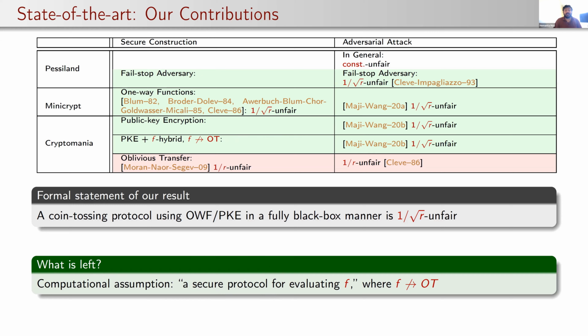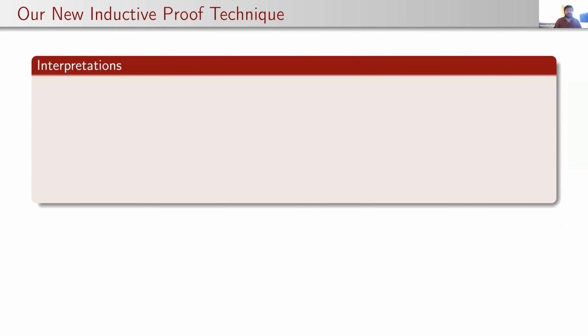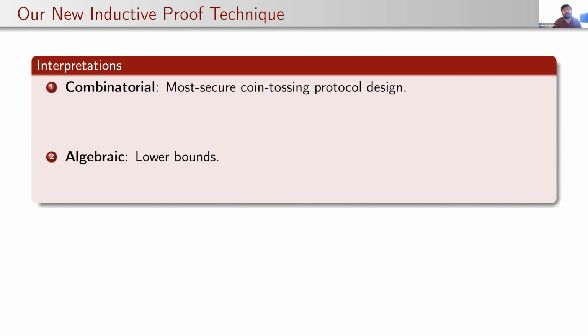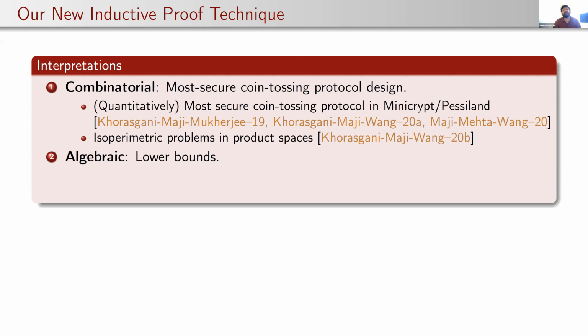Let me quickly summarize the main technical idea that led to all these results and breakthroughs. There are two different interpretations to the technical contributions that we make. If you approach it from a combinatorial perspective, then it yields most secure coin tossing protocol designs. So in particular, we can answer questions of the following form.